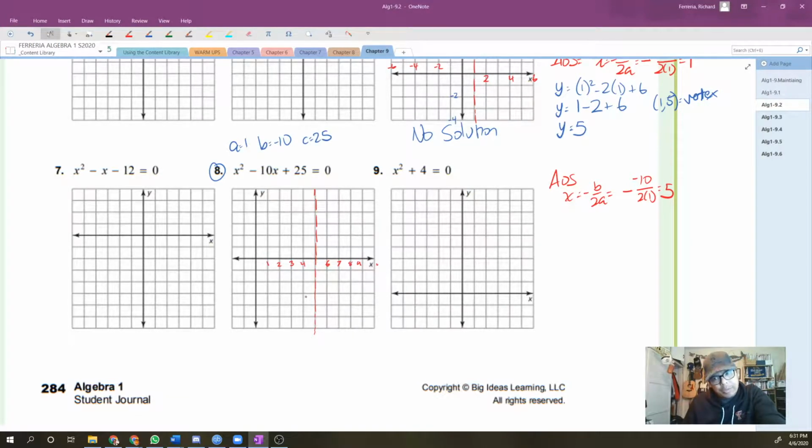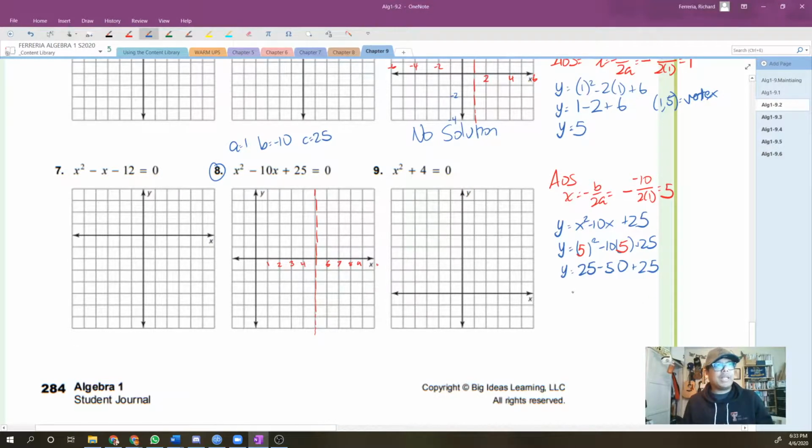Next thing to do is to figure out that vertex. So we're going to substitute 5 into the equation. This is a good place to remind you that the 5 comes from the axis of symmetry. So now let's do some multiplication. And let's add that all together, and I'm getting a very fortunate 0.